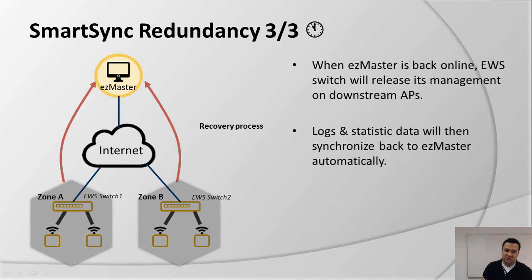And when the ezMaster is back online, the switch will release its management function to the access points, and all the logs and statistics will be synchronized back to the ezMaster automatically. So you really have a redundancy in the management function or the controller function between the ezMaster and the switch from top to bottom.